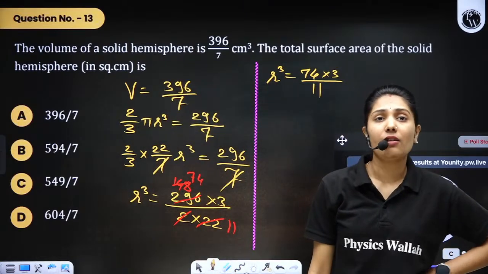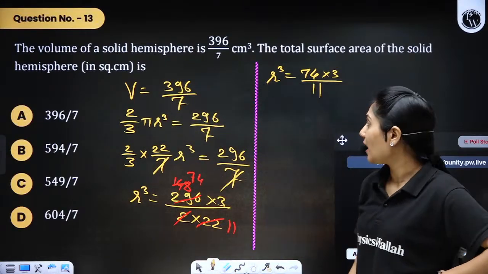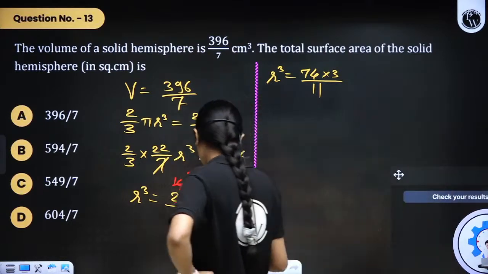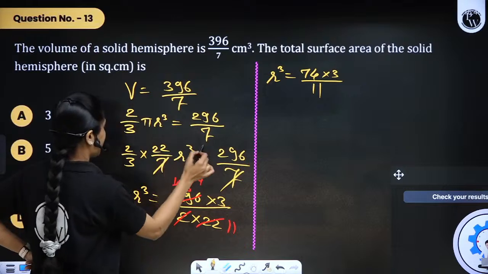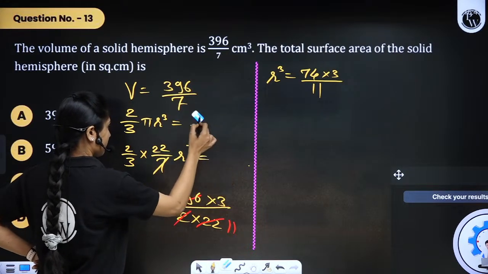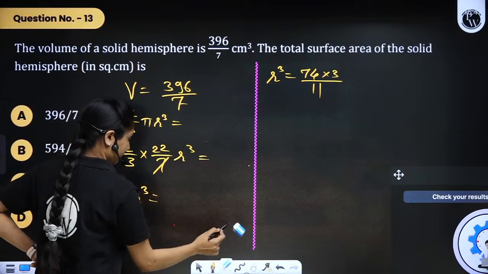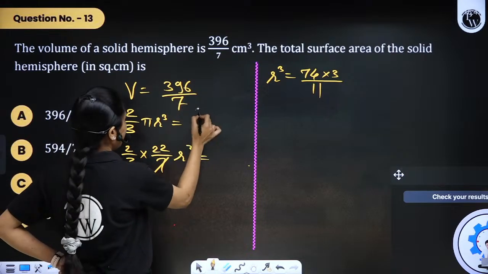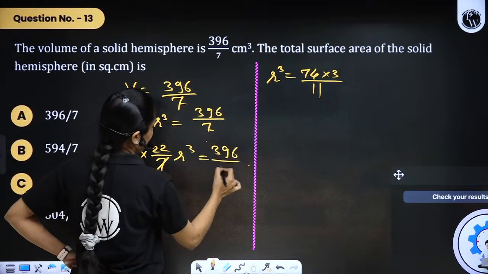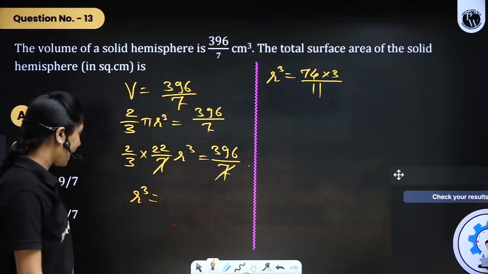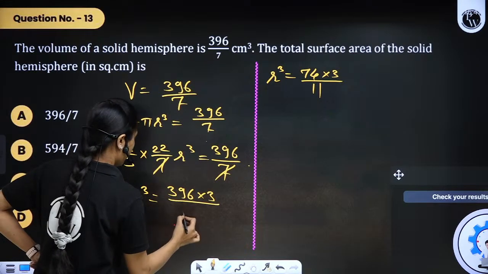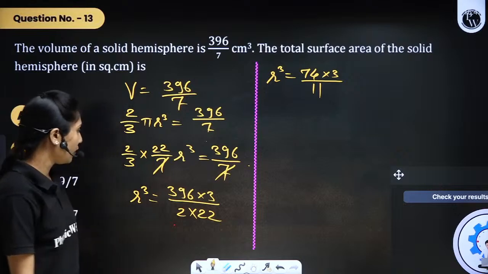Now what's the formula for total surface area? 396. Okay, yeah, I made a mistake, beta. It's 396. Yeah, now it's fine. Okay, 396 by 7. So 7 got cancelled. r cube is 396 into 3 upon 2 into 22.